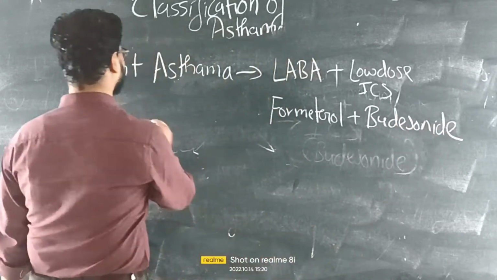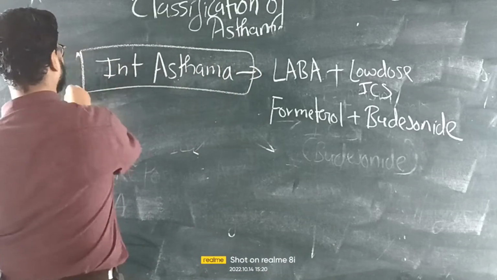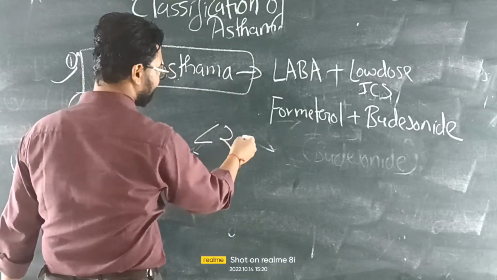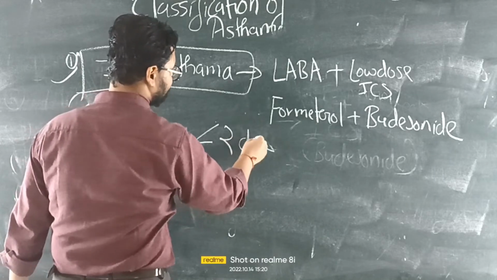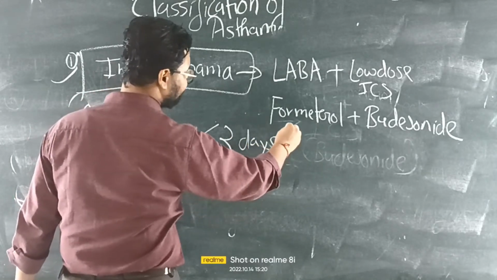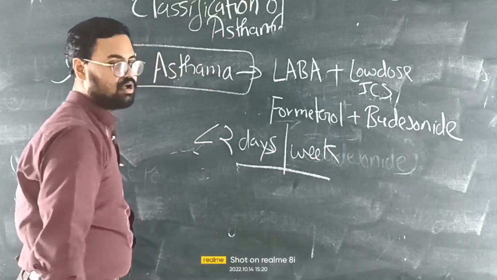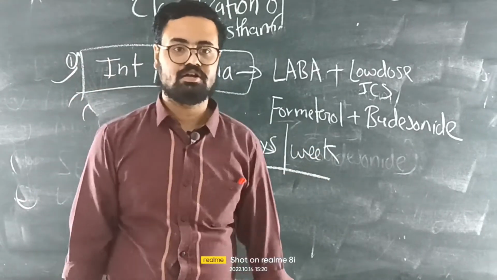And what is intermittent asthma? I told you, less than 2 days. The episodes will come less than 2 days per week. This will be the treatment of choice in intermittent asthma.